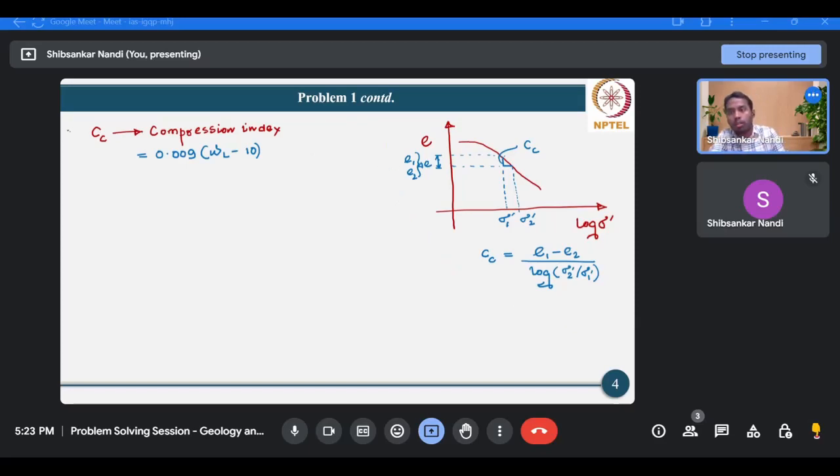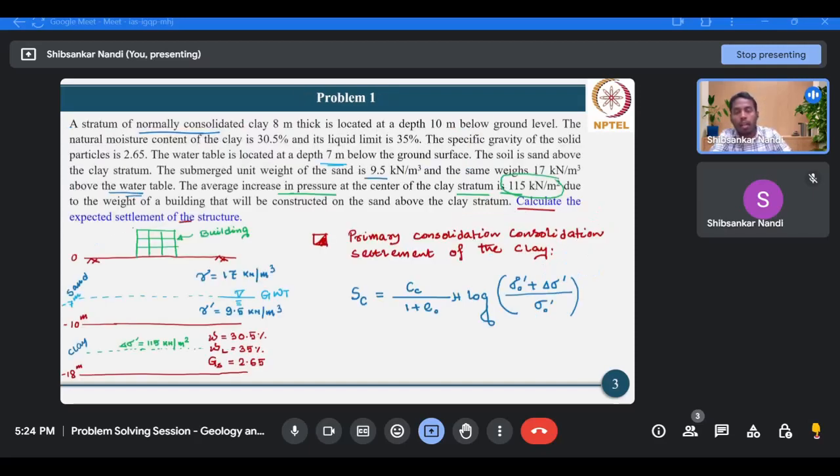Okay, now this is for CC. Next, coming to E0. E0 is the initial void ratio. This is before the primary consolidation. So how can we calculate this initial void ratio? It's very simple because we know W times GS equals S times E, and the soil mass is under complete saturation.